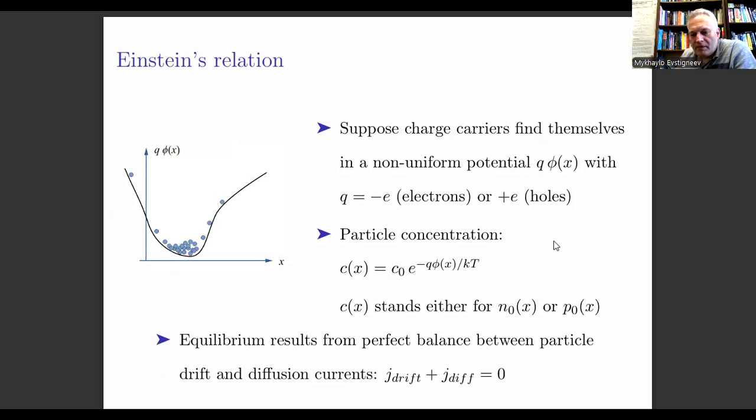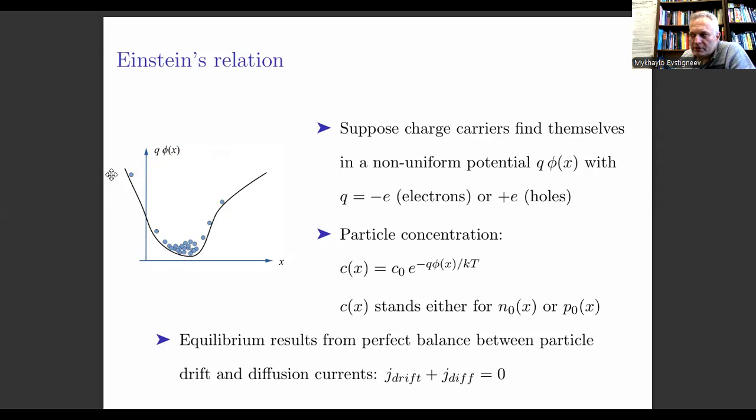All right. Now I am going to derive Einstein's relation based on this consideration. Suppose you have some non-uniform distribution of charge carriers, and this is due to a non-uniform distribution of the electric potential. You can produce this, for example, by doping the semiconductor non-uniformly with donors or acceptors.